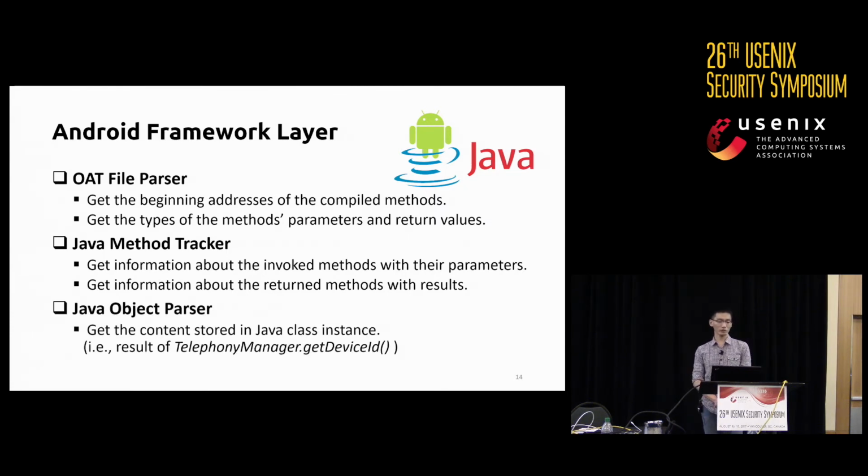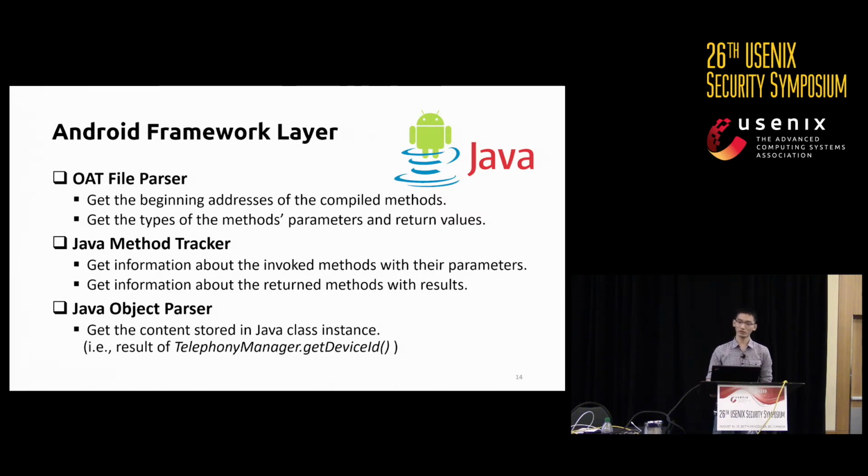Because in Android framework layer, the Java class instances are represented by Java objects in memory, we use the Java object parser to get the real content of special Java class instances. Take the result of TelephonyManager.getDeviceId as an example.